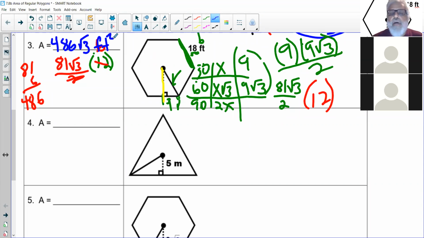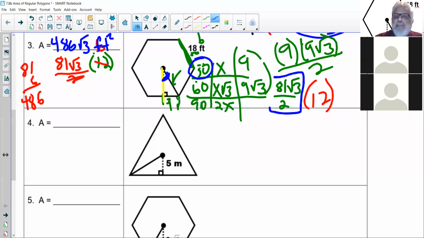And that's how you do it. Now on the hexagon though, they break it up into 3 questions. My first question is, what's this angle? It's 30. Okay. Then the second question is going to be, what's the area of the small triangle?